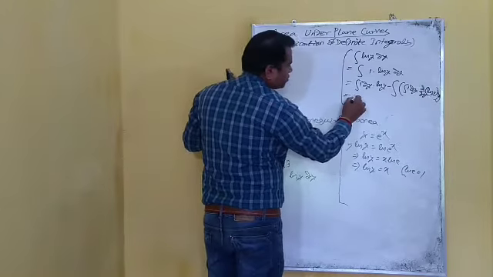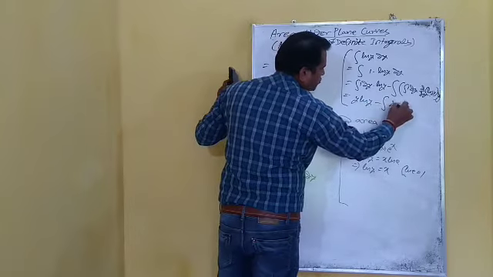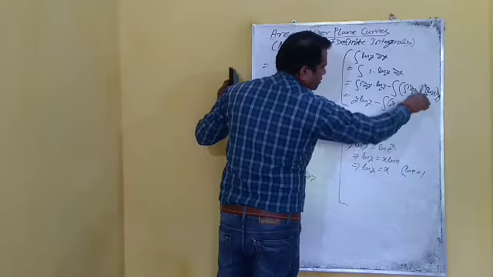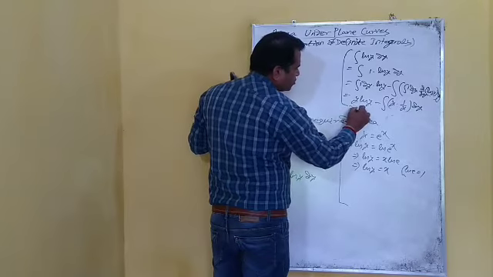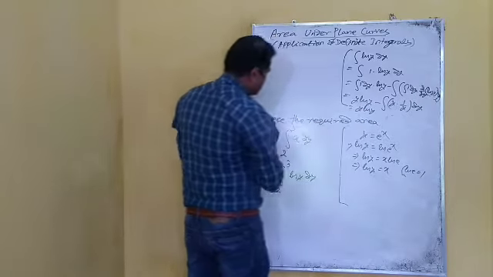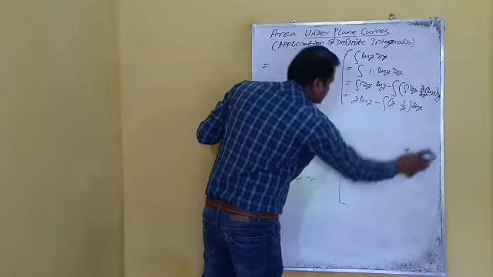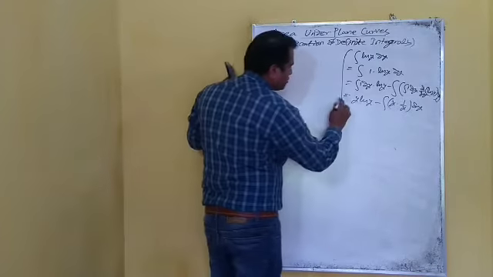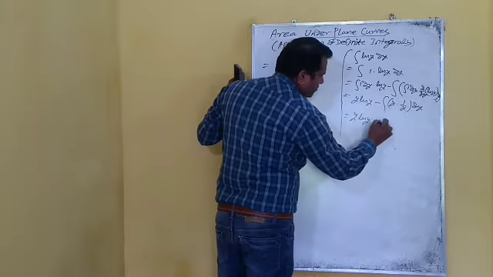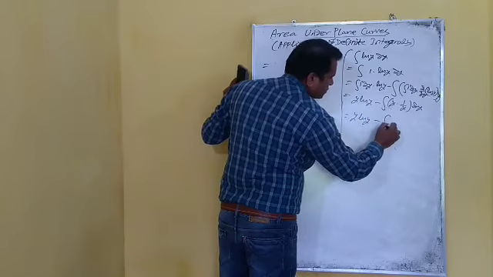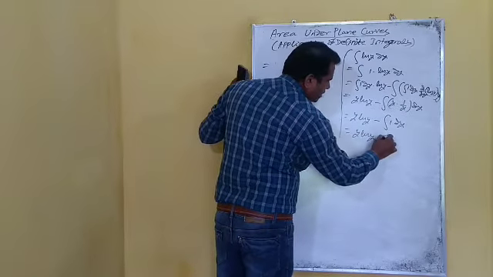Okay, that equals y ln y minus integral y into 1 by y, you know derivative of ln y is 1 by y, dy, that equals y ln y minus integral 1 dy, that is y ln y minus y.